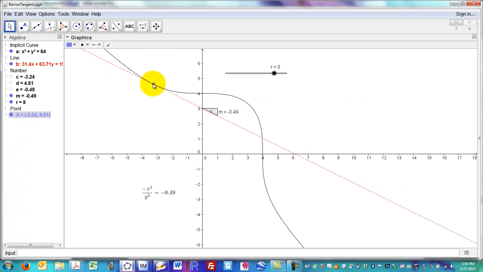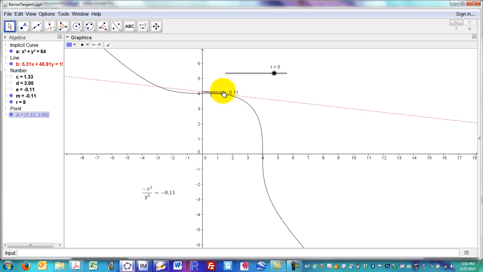When I pick a point on the curve, I can find its x and y coordinates here, and then calculate this number, which is x to the third over y to the third, and see if that slope is indeed matching the slope given by the line that's drawn geometrically as the tangent to the curve. And indeed, you can see that these two numbers agree quite nicely, regardless of where I put the point.